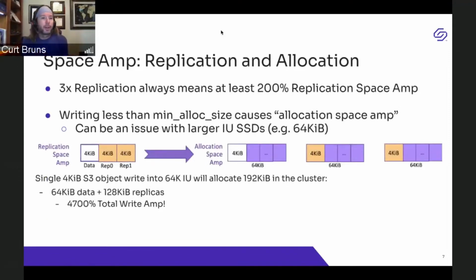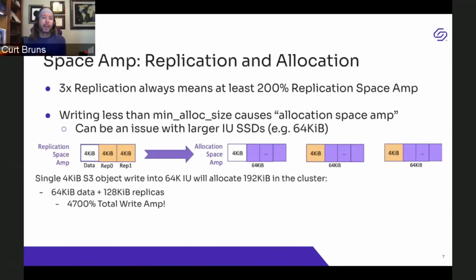So we talked about a little bit about space amplification. In Ceph, there's 2 areas that I call replication and allocation space amplification. Triple replication, which is the default for pools created in Ceph, always means you're at least 200% replication space amplification, because you have your data plus 2 copies of it.